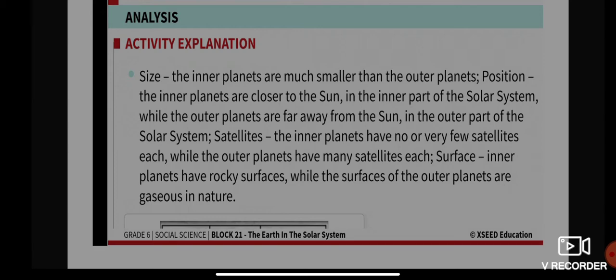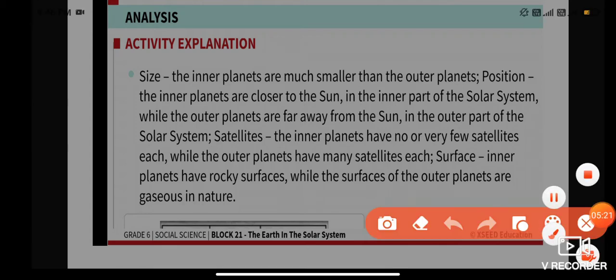Okay, see, the first thing is the size. The inner planets are much smaller than the outer planets. Number one, the difference is the size: the inner planets are smaller and the outer planets are larger.